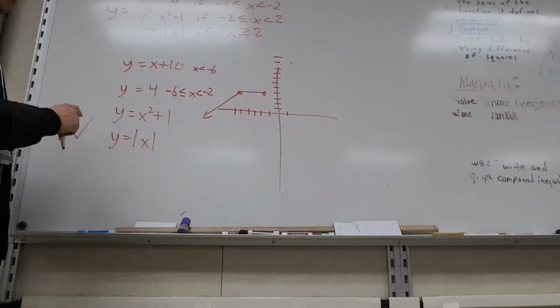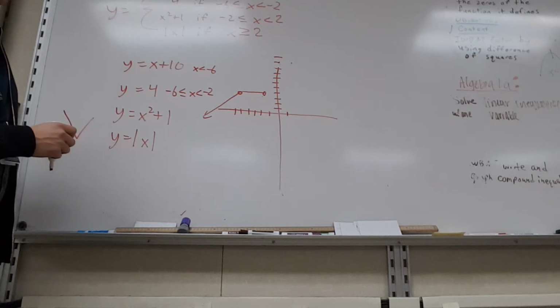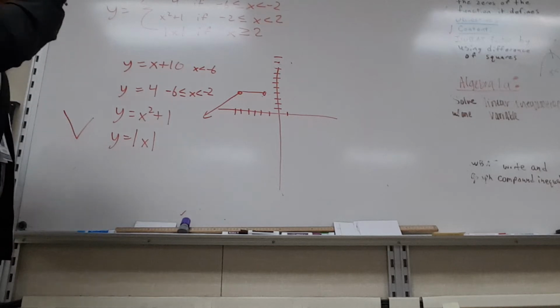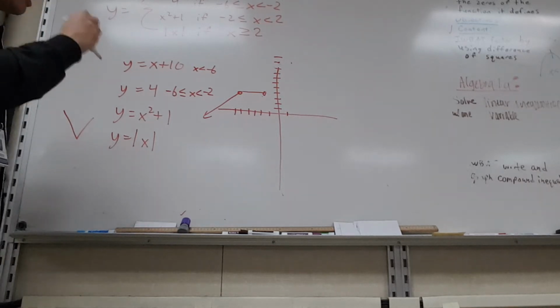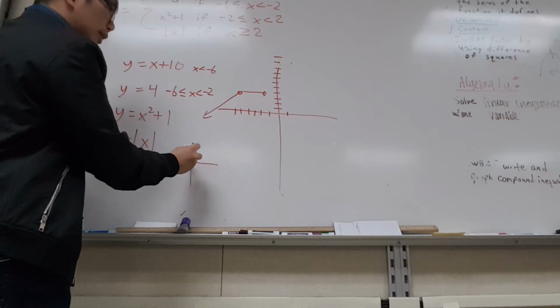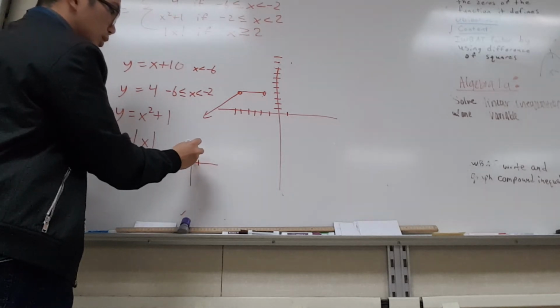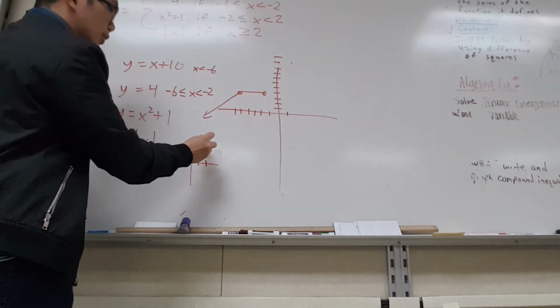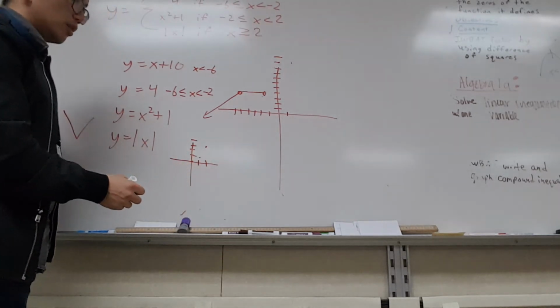Okay, the next part of the graph is x squared plus 1, and that's going to exist from negative 2 to 2. Now, x squared is the parabola that goes through 0, 0, 1, 1, 2, 4, 3, 9, etc. Right?